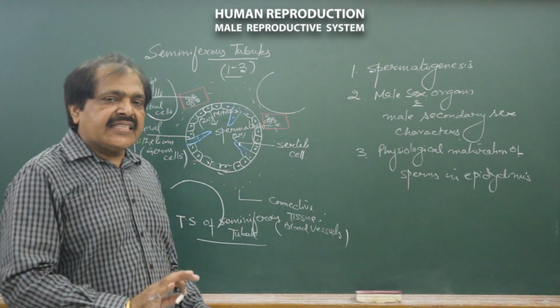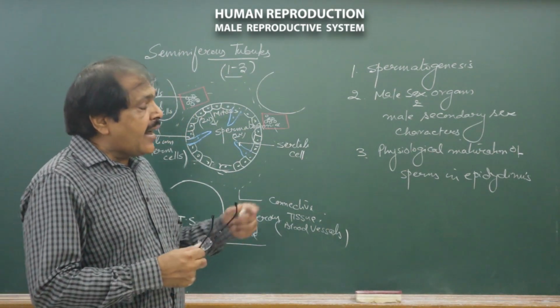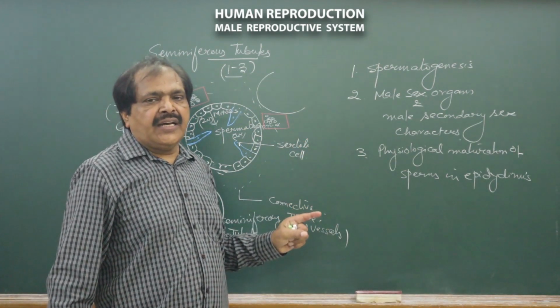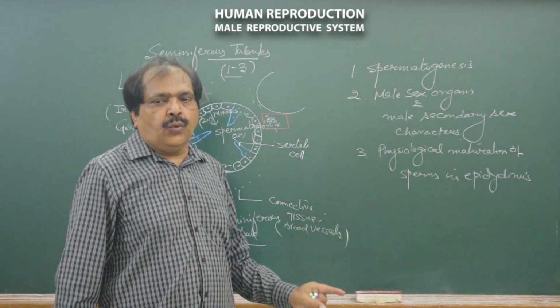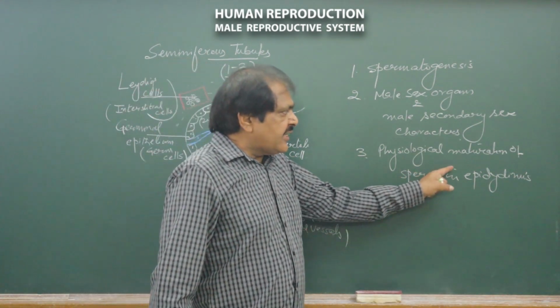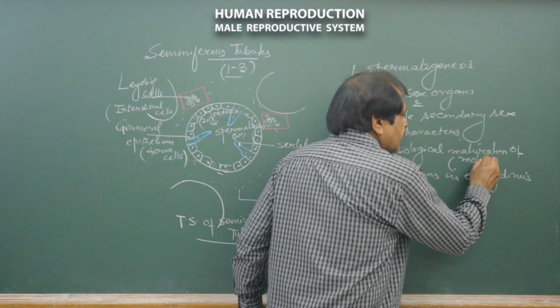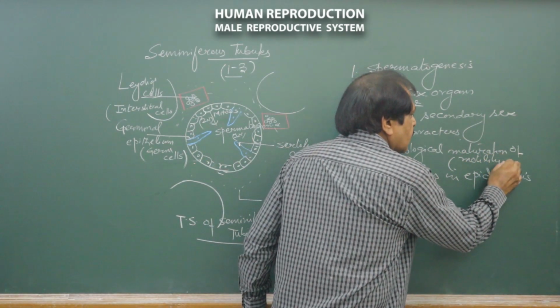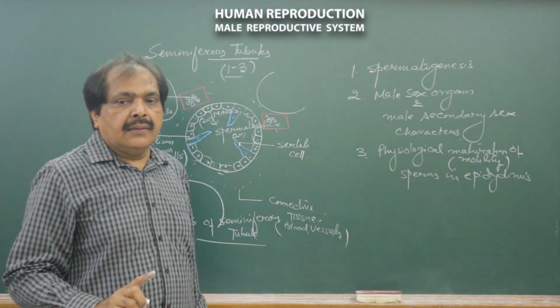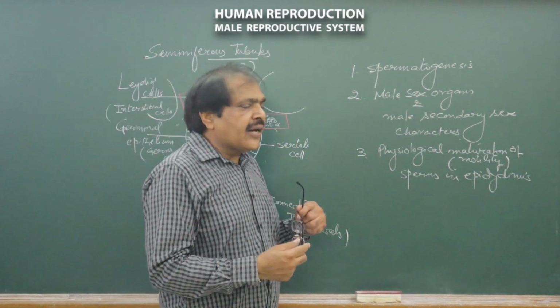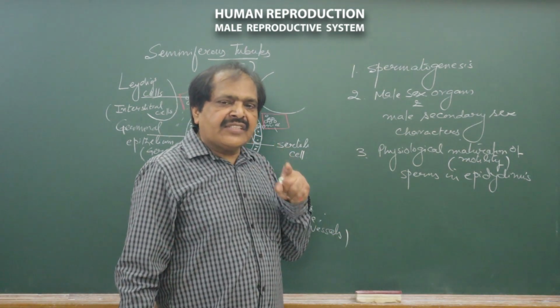Remember one thing, that inside the testis, till the vasa efferentia, there is no motility in the sperms of their own. Physiological maturation means motility, not complete motility. Sperms are totally motile only in the vagina of the female.